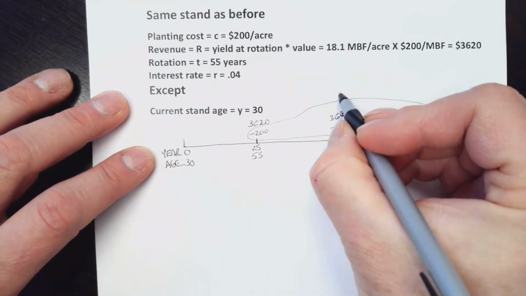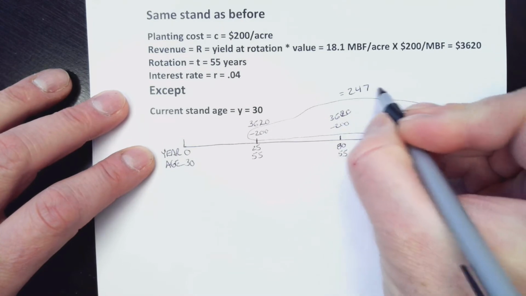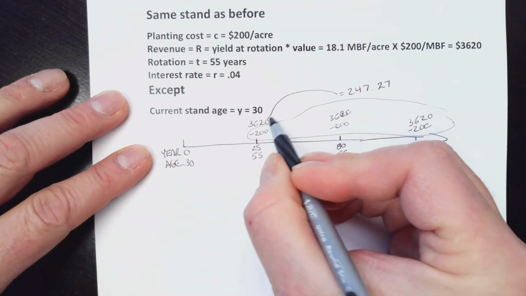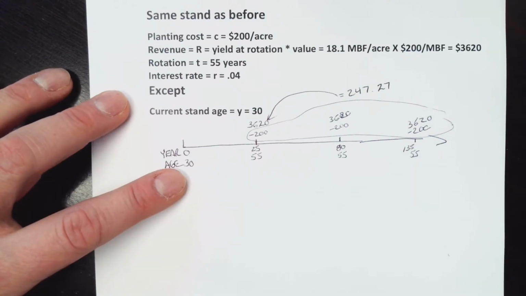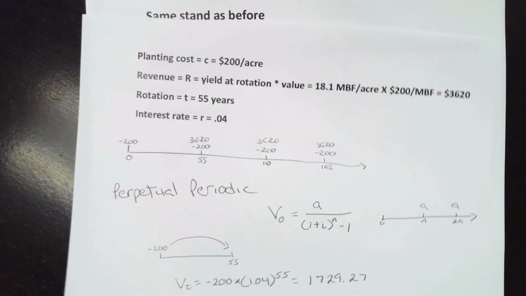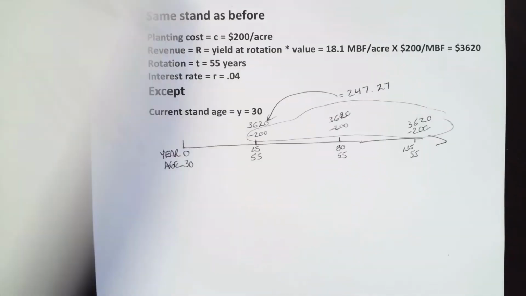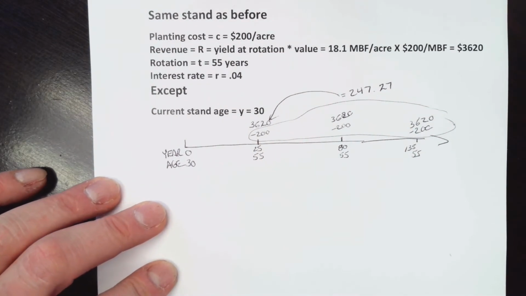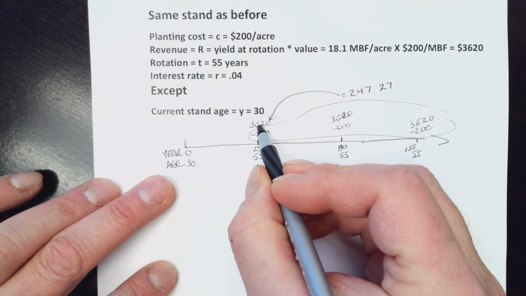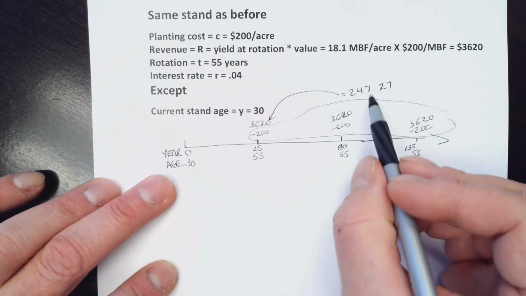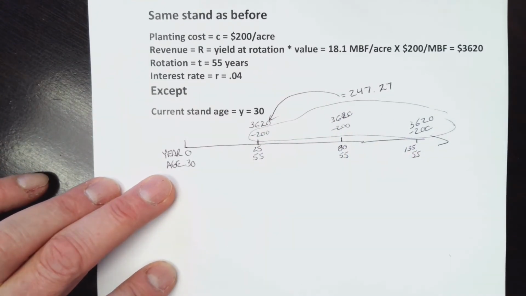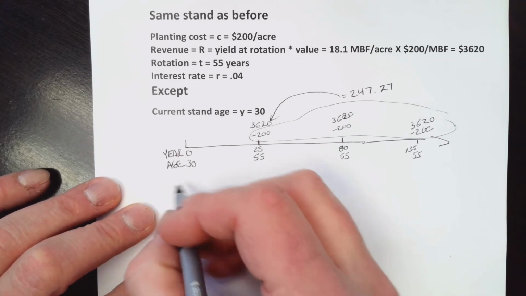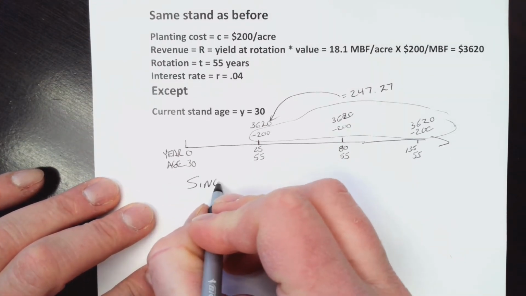We know that that equals 247.27, and that value would be right there at the beginning. Just like we crunched everything to here, we can use that information, so we don't need to do perpetual stuff. Now we have a single value of 3620, and all this future stuff equals 247. We don't need to do a lot of extra information.